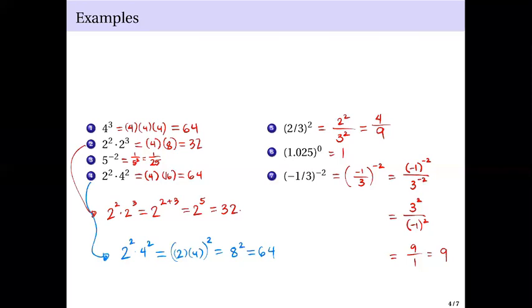And if your number is on the denominator, you bring it up to the numerator and then change the sign of the exponent. Okay? This is not only true for negative exponents. There are possibilities where even if you have some positive exponents and you need a negative exponent, then you apply the same rule.